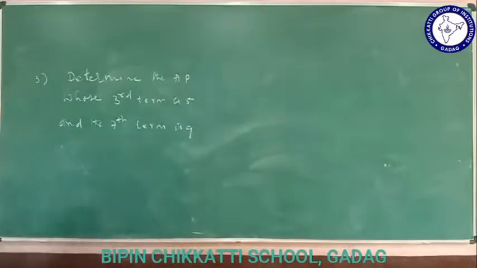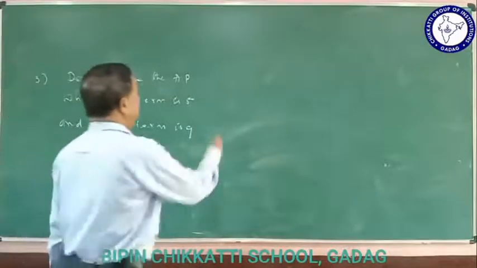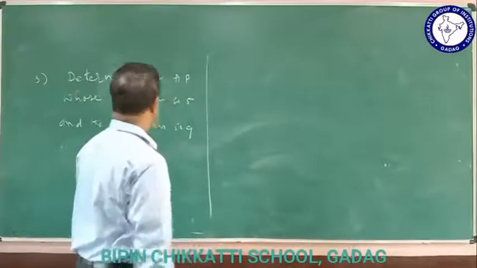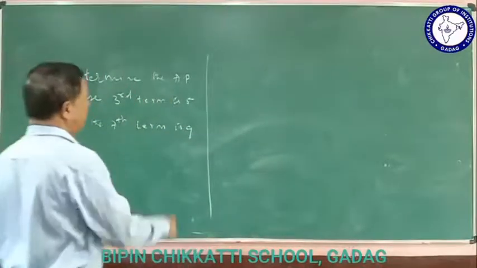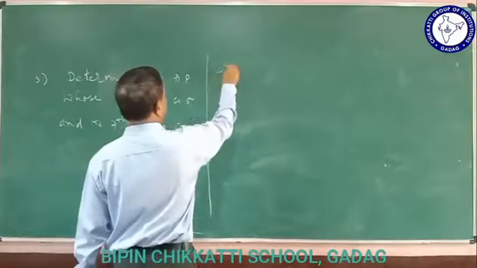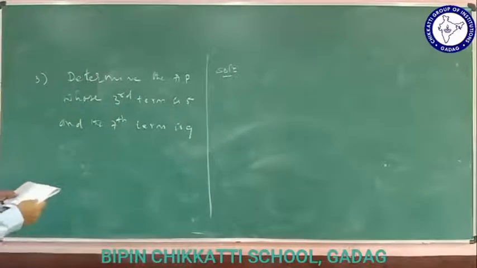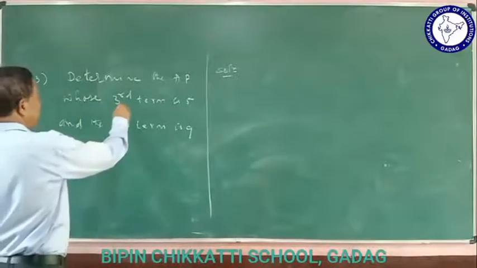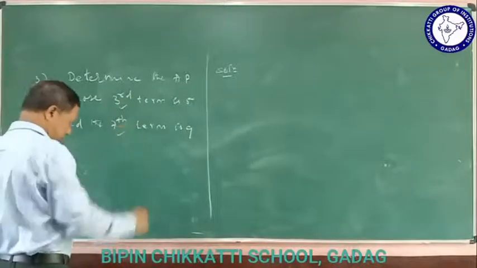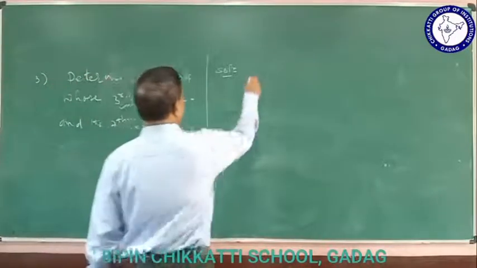See, very interesting question here. The question is you have to find out the AP, but for that two pieces of information are given, of course in case of arithmetic progression only. Which terms are given? Third, A3 given, A7 given.